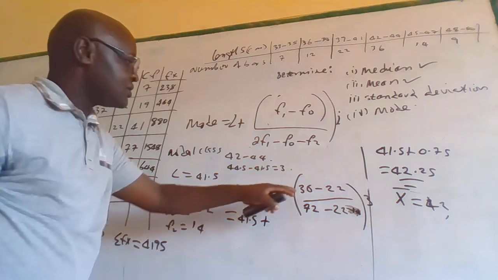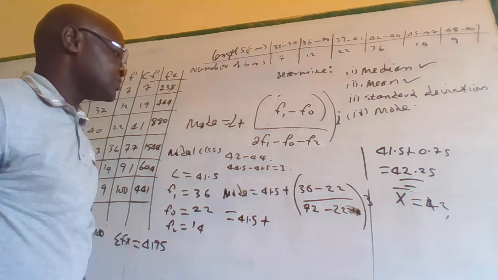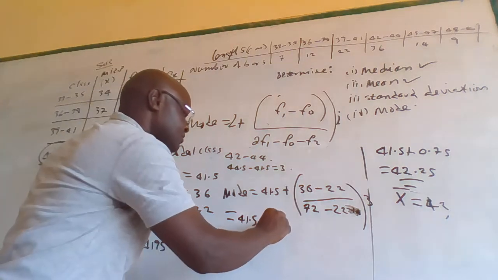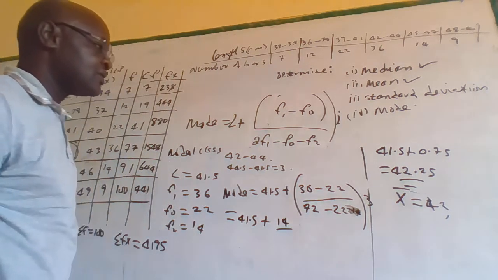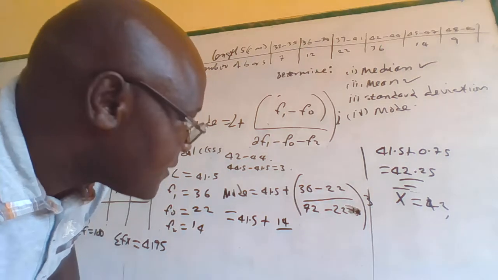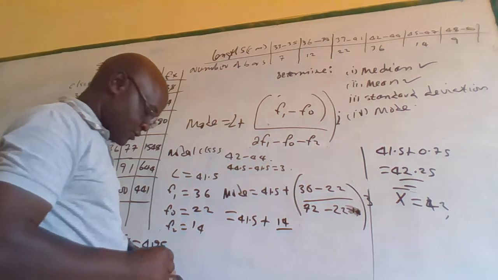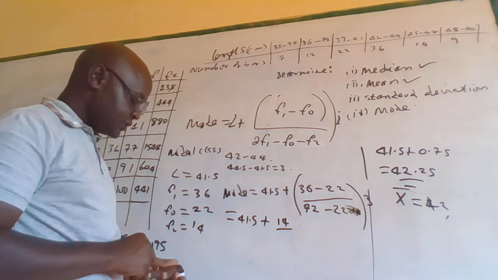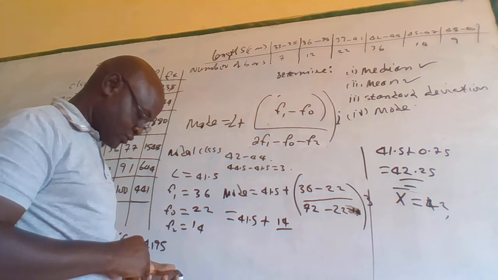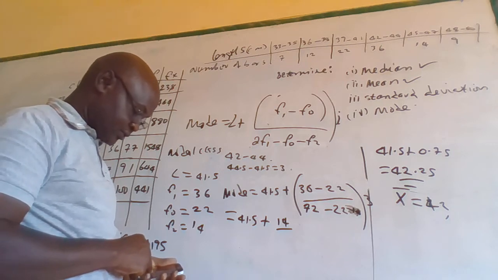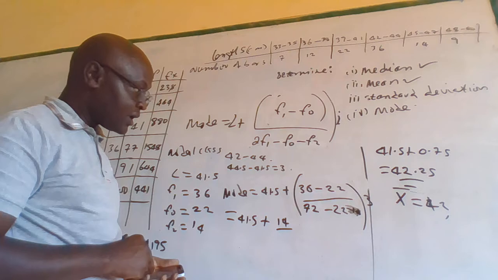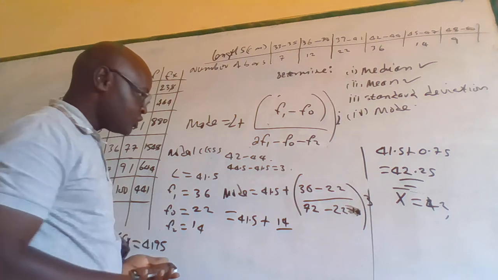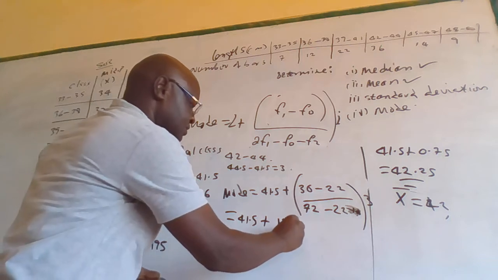41.5 plus 36 minus 22, that is 14, over 72 minus 22 minus 14. So this is 36 and times 3.